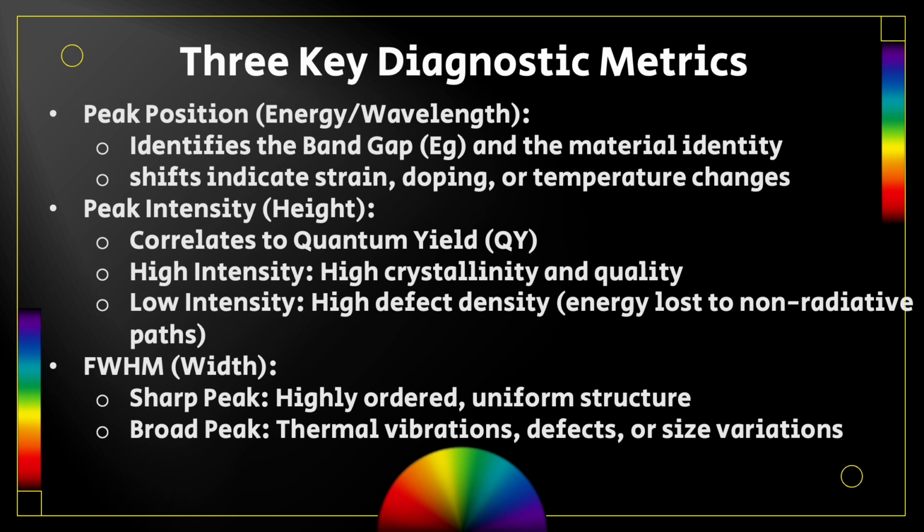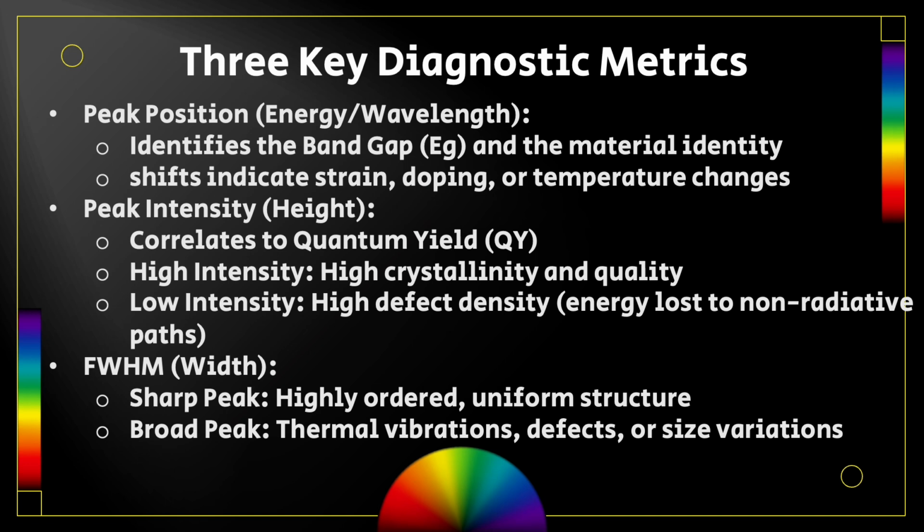Second is peak intensity. The height of the peak is directly correlated to the quantum yield. This is our primary measure of quality. A high-intensity peak indicates high crystallinity and excellent material quality. A low-intensity peak serves as a warning. It usually implies a high density of defects, where energy is being lost to those non-radiative paths we discussed earlier.